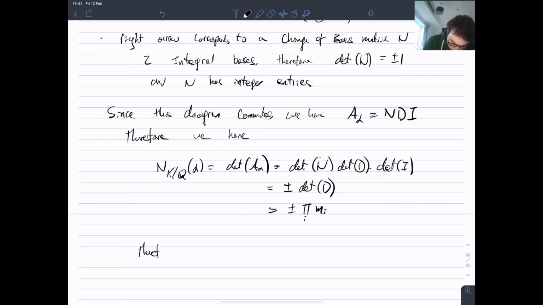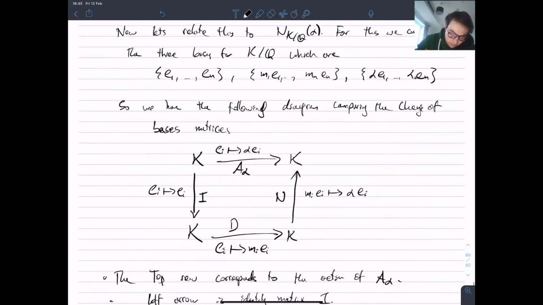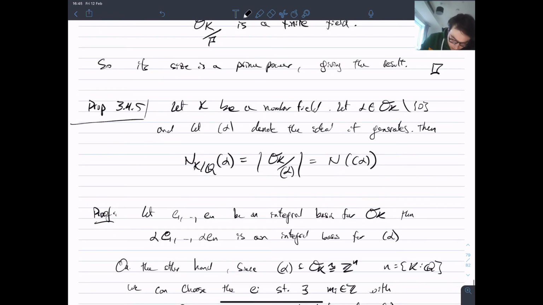Therefore, the norm K to Q of alpha, this thing equals the product of m_i, which by the things we saw above was the same thing as the norm of this ideal alpha. Great, so I should just go back and fix it: the absolute value of this norm is the same thing as this thing.